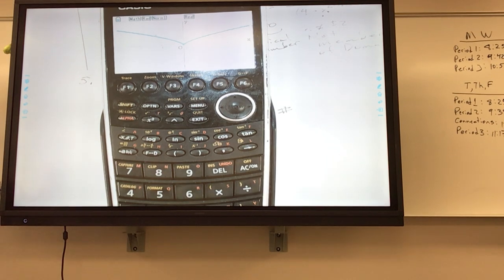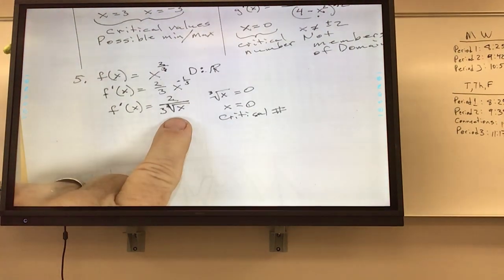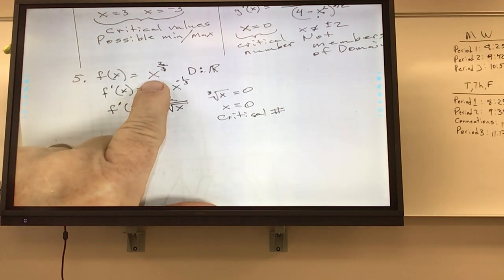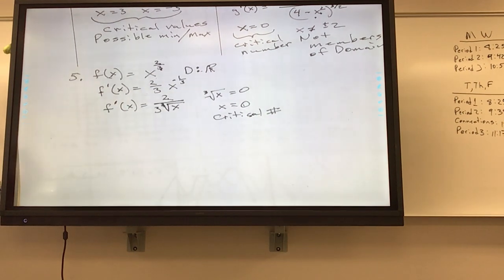It's continuous, isn't it? It's an absolute minimum, isn't it? But it's a sharp point. So anytime you get these zeros in the denominator, and they can be used, they're part of the domain, they are sharp points. The ones that are in the numerator are smooth points.